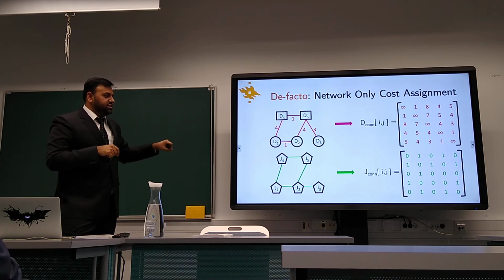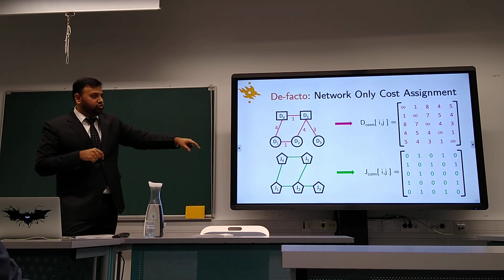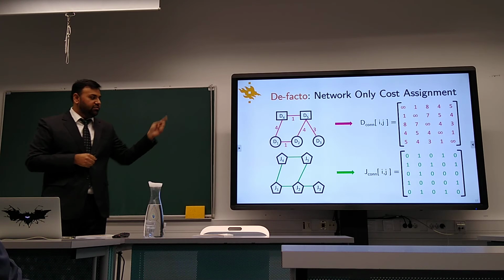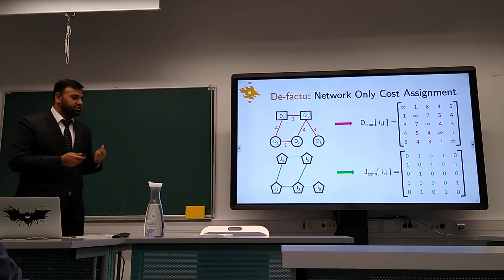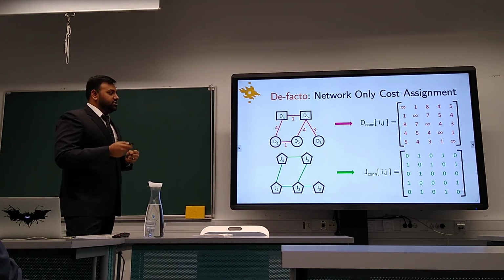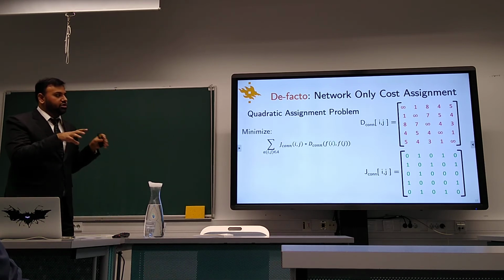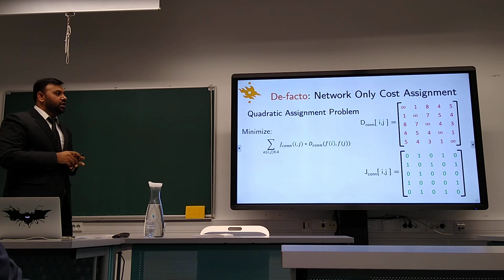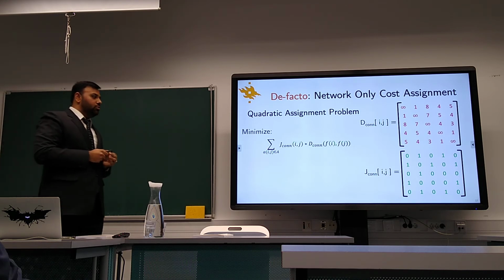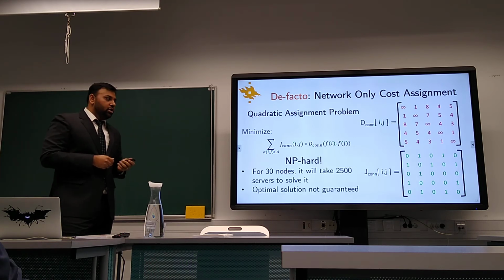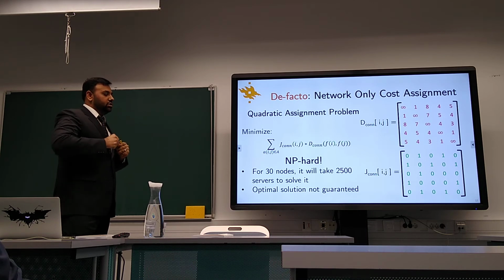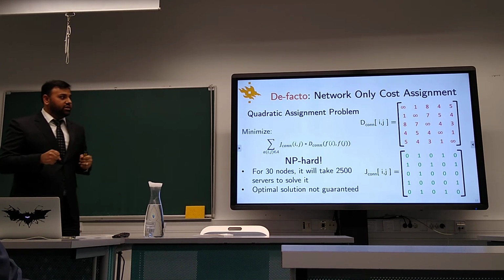Similarly, the job dependency graph can be modeled as the following square matrix, which is if there exists a link between any two of these devices itself. So now the question is how do you minimize the product of these two square matrices? And in the literature, it's shown that this problem is known to be NP-hard, which means that the optimal solution for this problem is not guaranteed.